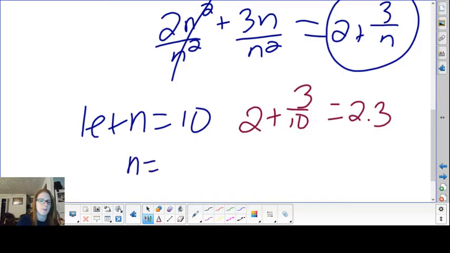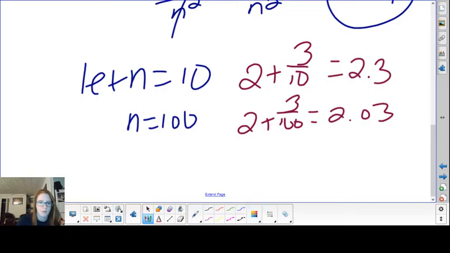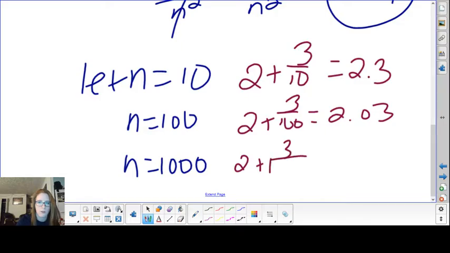And then if I let n be 100, I get 2 plus 3 over 100, which is 2.03. When I let it be 1,000, I get 2 plus 3 over 1,000, which is 2.003.